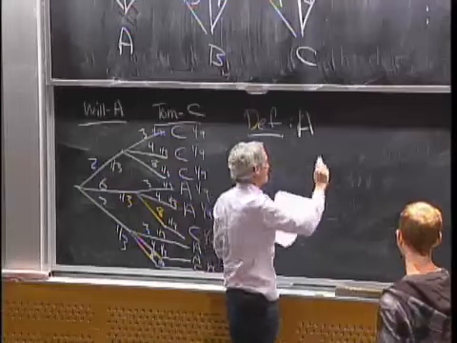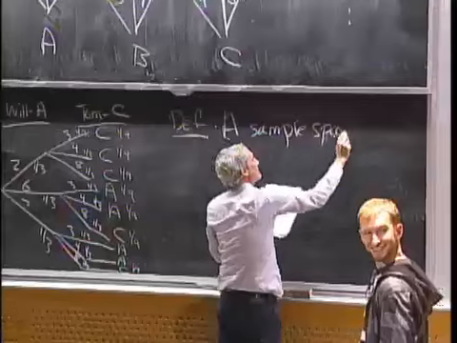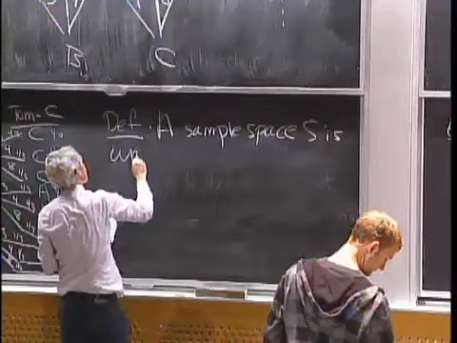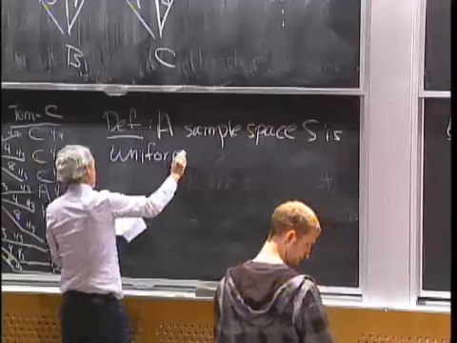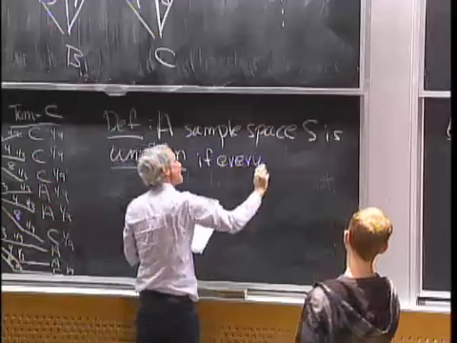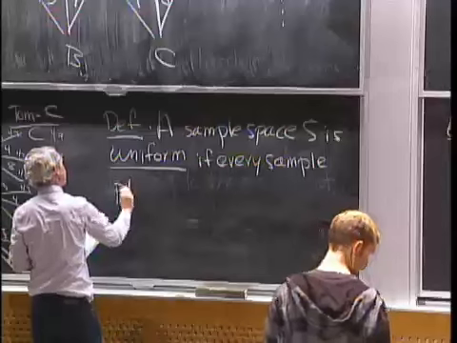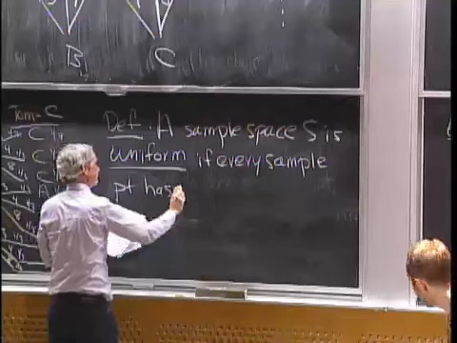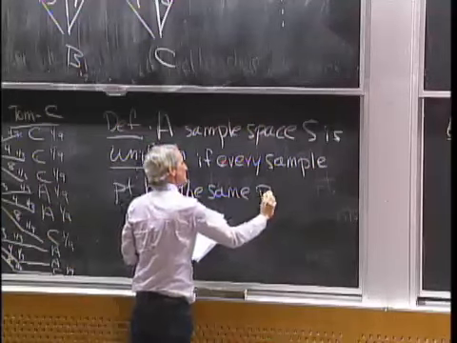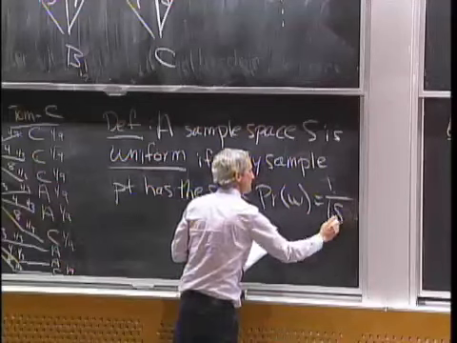Don't go anywhere. We're going to do some more here. The sample space is uniform if every sample point has the same probability, in which case the probability of the sample point would be 1 over the cardinality of the sample space.